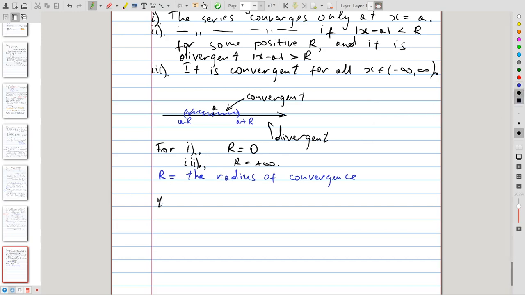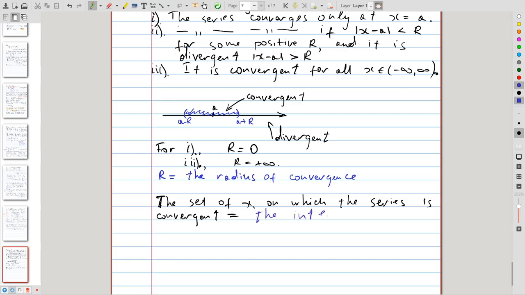The set of x on which the series is convergent will be called the interval of convergence.